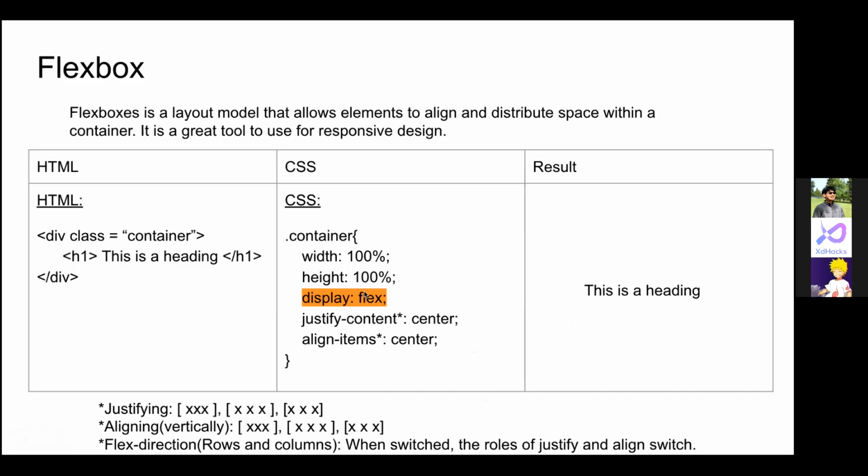When you do flex direction column, the roles switch. So instead of align items taking the vertical position, align items switches to horizontal, and justify content is responsible for the vertical position.